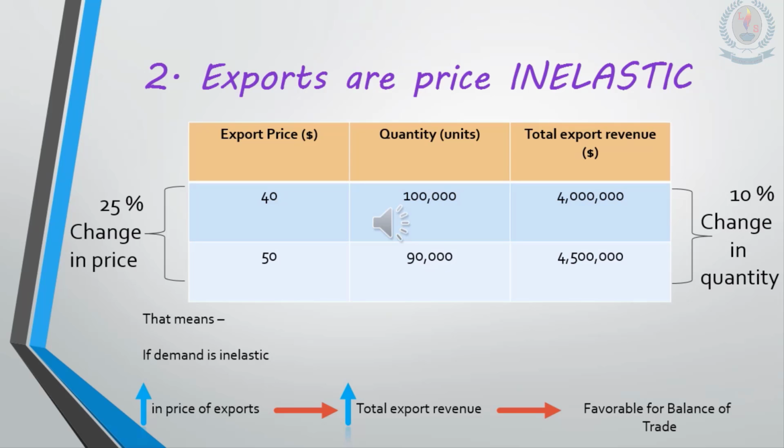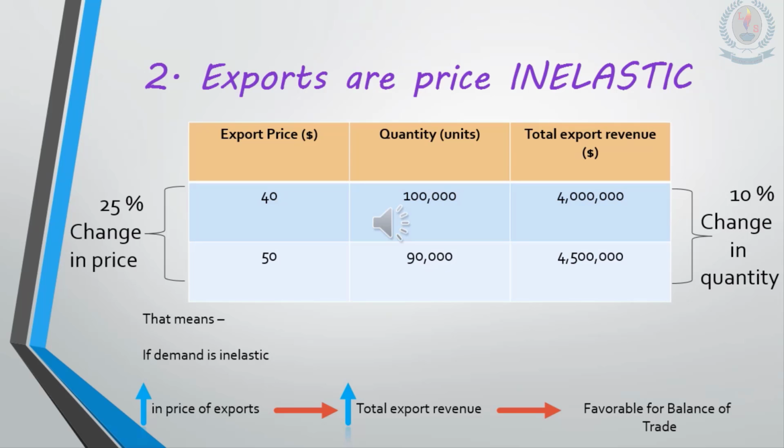So, we will look at the effect on the total revenue, or rather the export revenue. Earlier, when the price was 40, the total export revenue would be 4 million. When the price is 50, the export revenue will be 4.5 million.